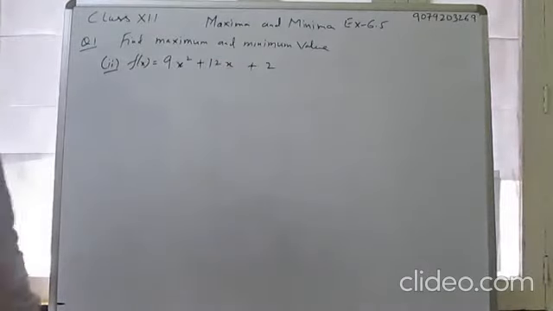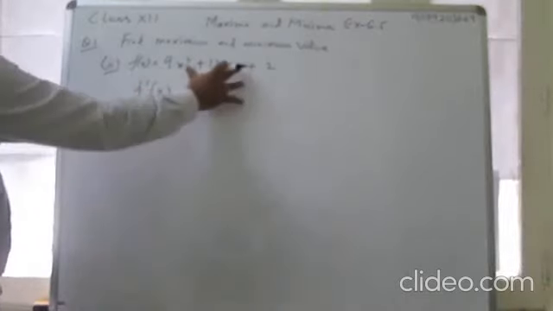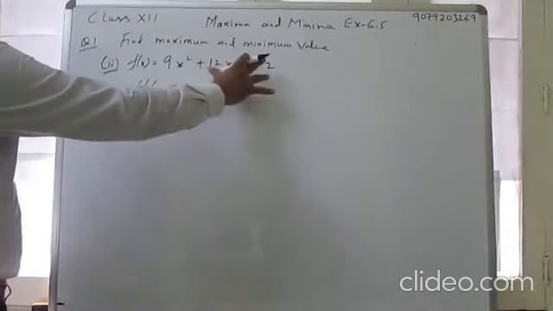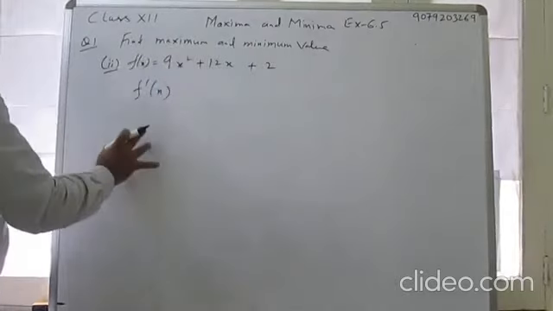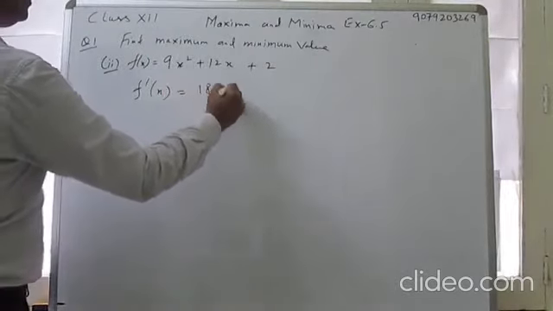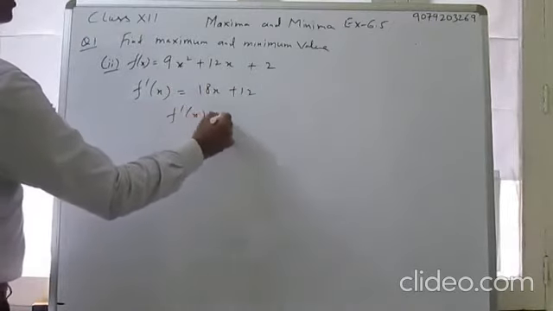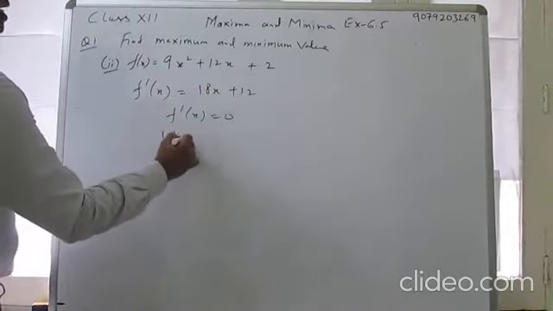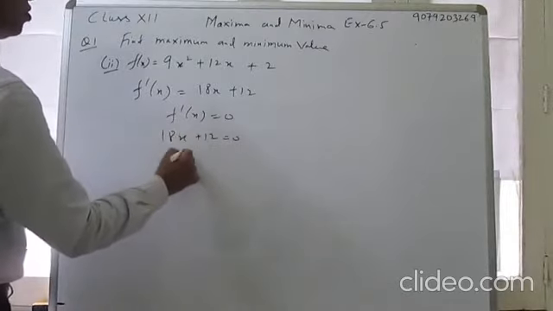Now what is the procedure? First you find f dash x. Either you make it a whole square, or you can also write directly. I am doing it by the second order derivative test. f dash x is equal to 18x plus 12. Now we set f dash x equal to 0, so 18x plus 12 is equal to 0.